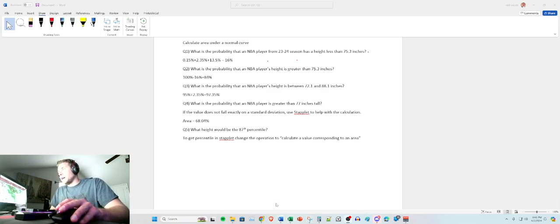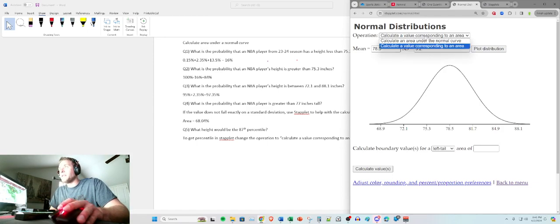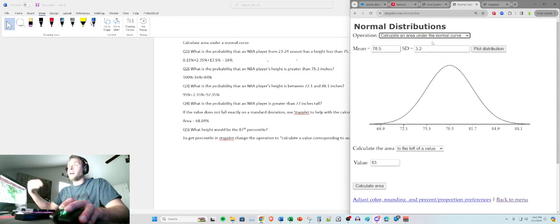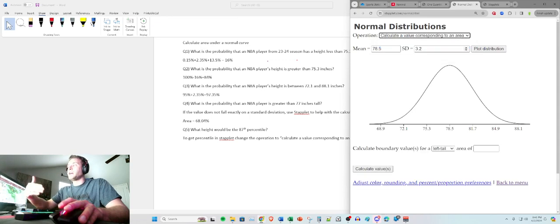Okay, so that will make this a lot easier. All we have to do is calculate a value corresponding to an area, that's up here. So we had this one, calculate an area under the normal curve. You have two options, and so questions like 1 through 4 you can answer with area under the normal curve. But now we're calculating a value corresponding to an area, because a percentile is an area.